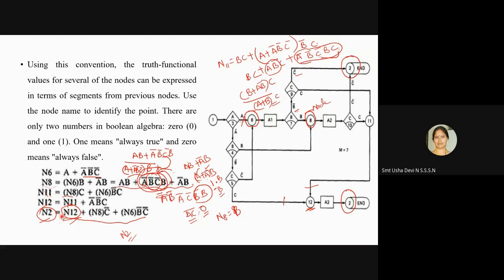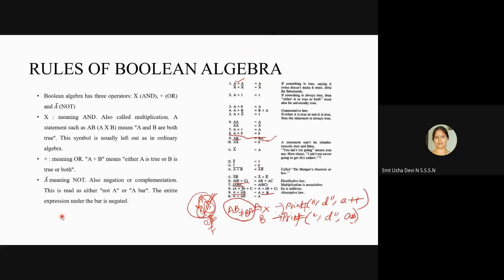Similarly, here also we are doing the same. These are the rules of Boolean algebra, which you are already familiar with. In this case, AB is equal to BA.